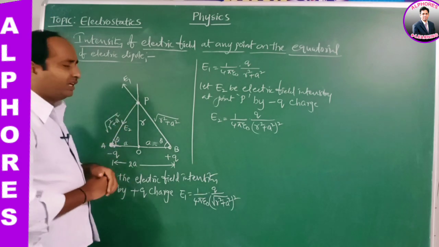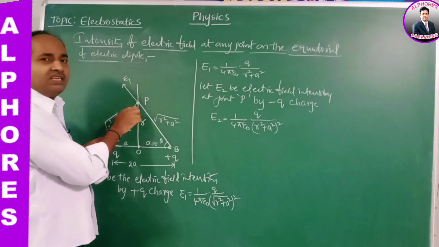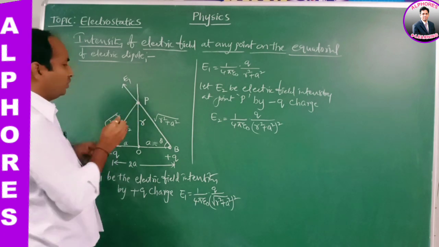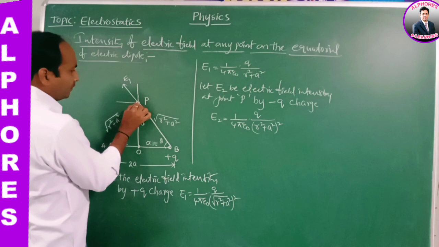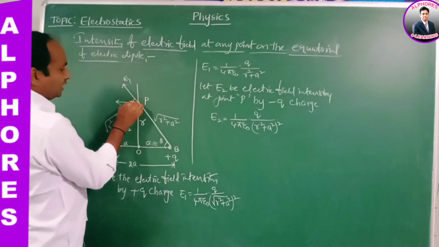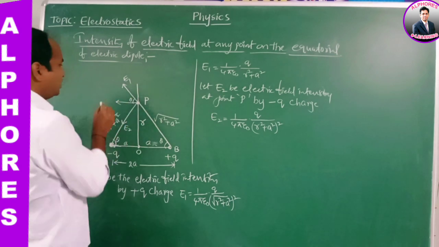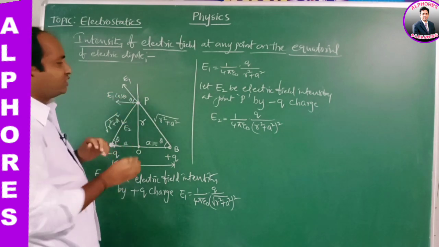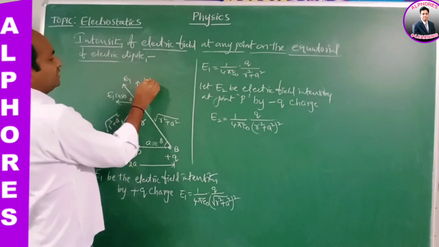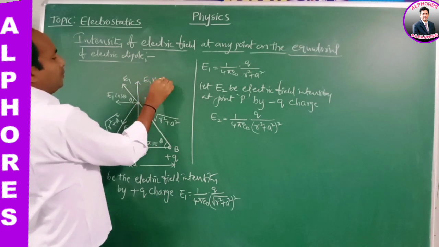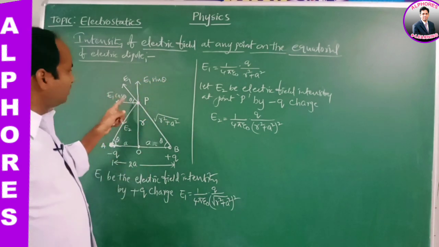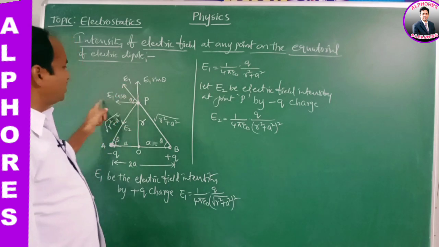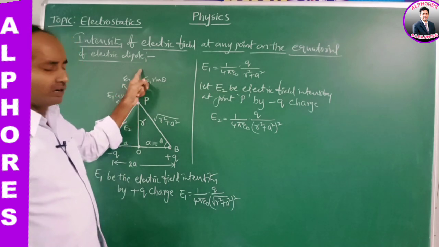How can we get it? See, resolve E1 into components. We know that this is an angle theta. What is the horizontal component? E1 cos theta. What is the vertical component? This is E1 sin theta. E1 is resolved into components, horizontal component and vertical component.